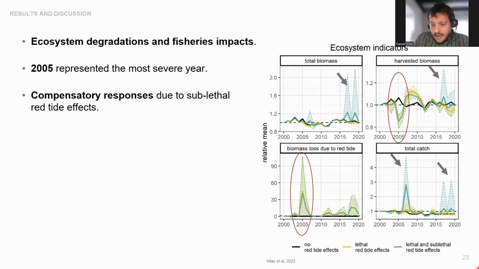We have some differentiation at some points for the blue line, given those spikes that could represent some kind of compensatory responses due to those sublethal effects, in terms of avoidance or competition release at some point.